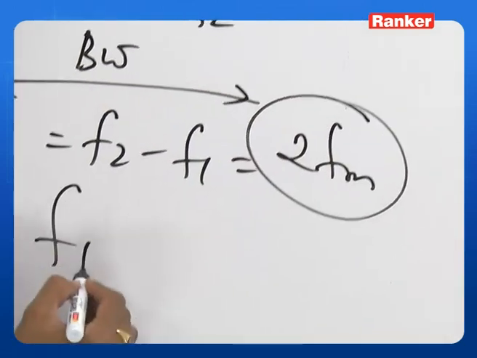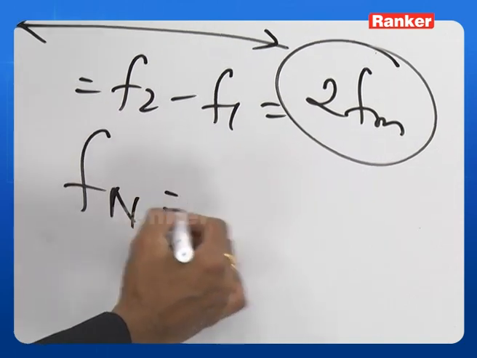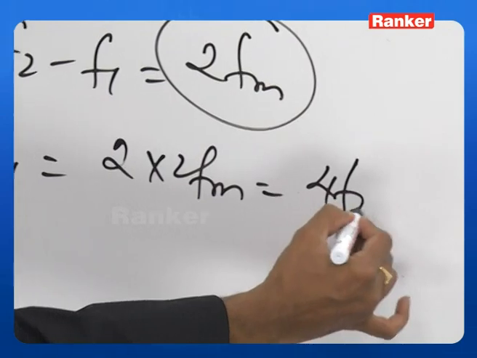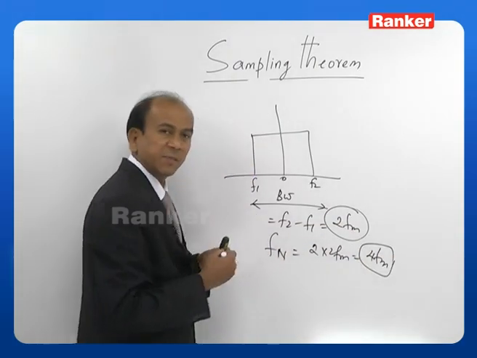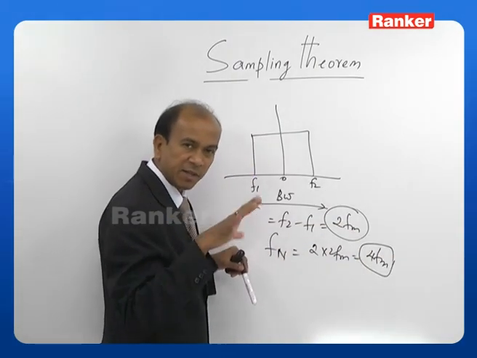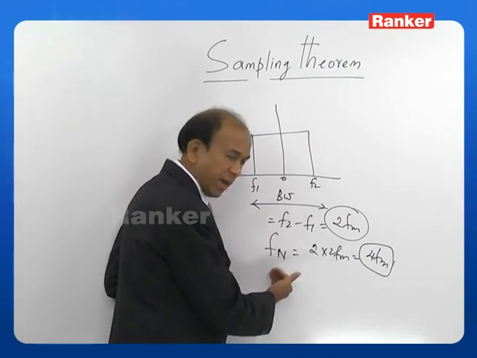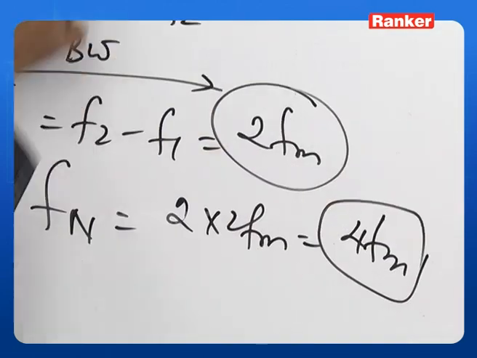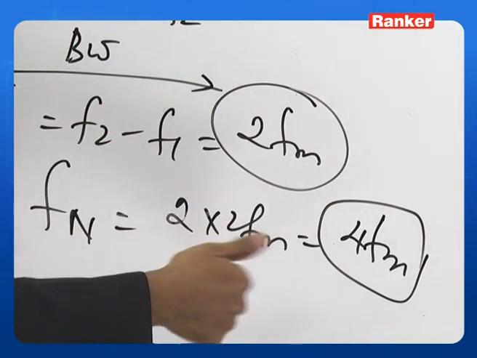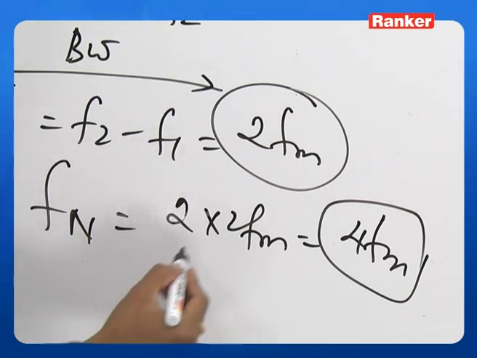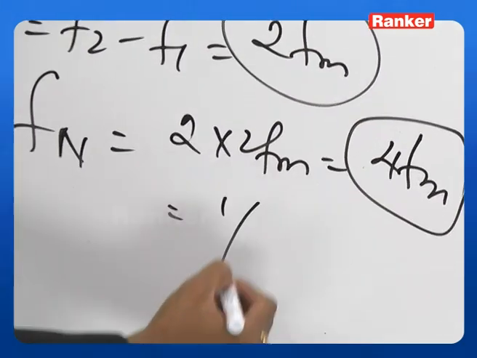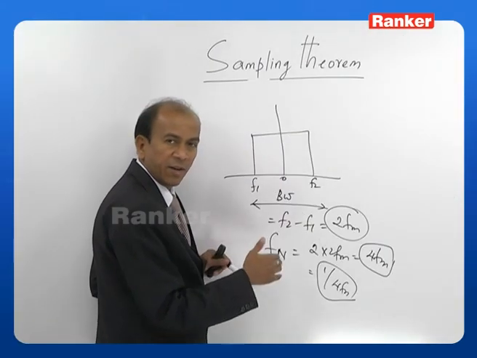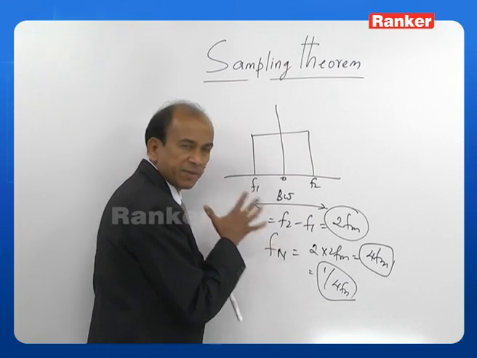Then my Nyquist sampling rate must be equal to 2 into 2 fm, that is 4 fm. This is the slight modification in the sampling theorem for band pass signals, where the Nyquist rate is 4 fm, because the bandwidth of the given signal is 2 fm. Similarly, you can calculate Ts also, which will be equal to 1 by 4 fm. This gives me the sampling interval, or Nyquist interval, for band pass signals.